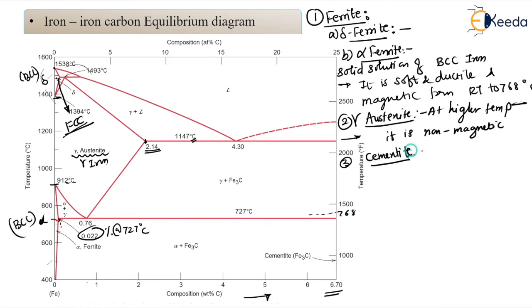This right boundary representing the cementite is also known as carbide, that is Fe3C.